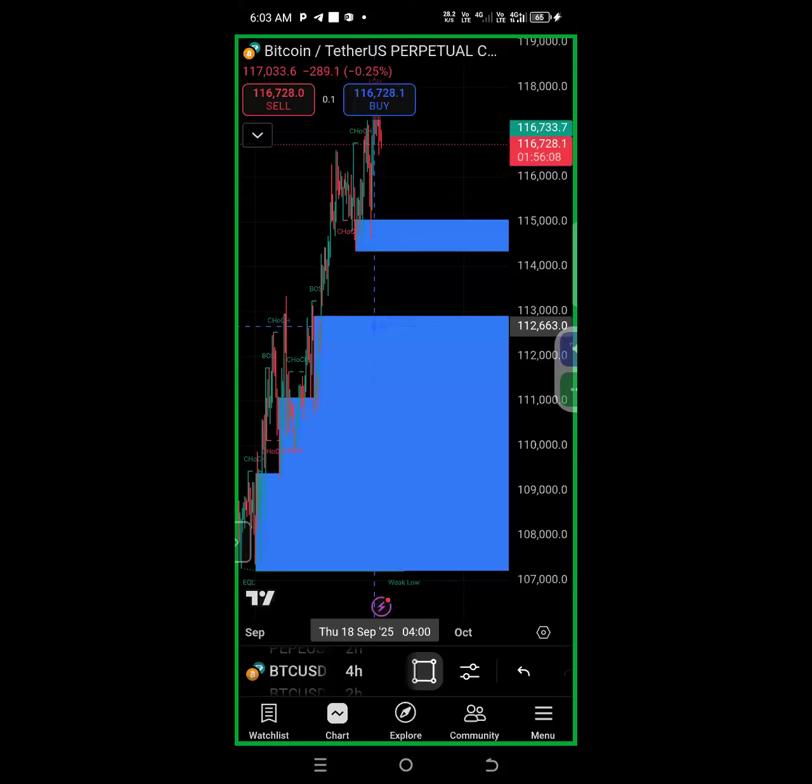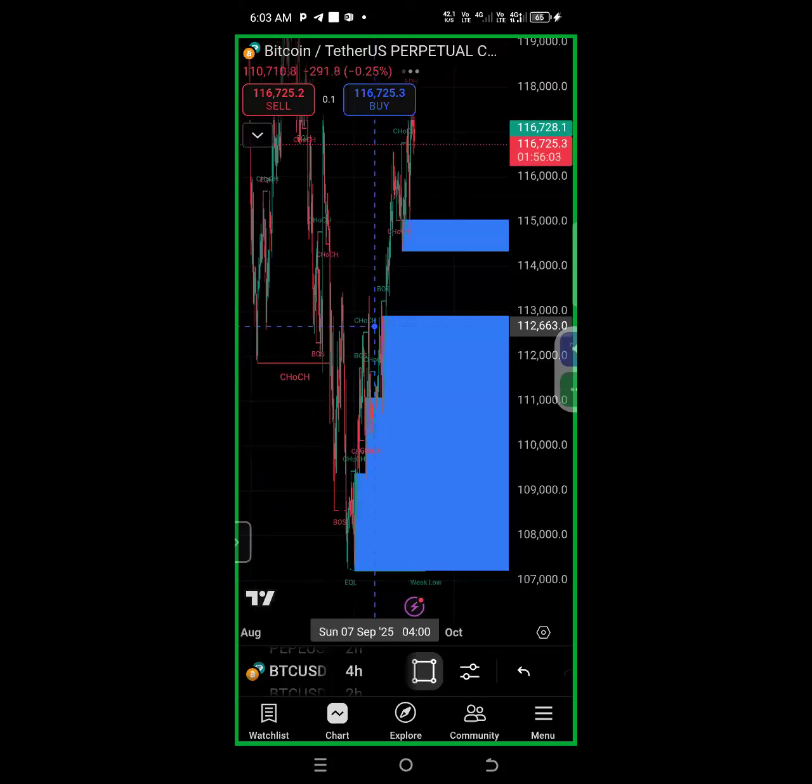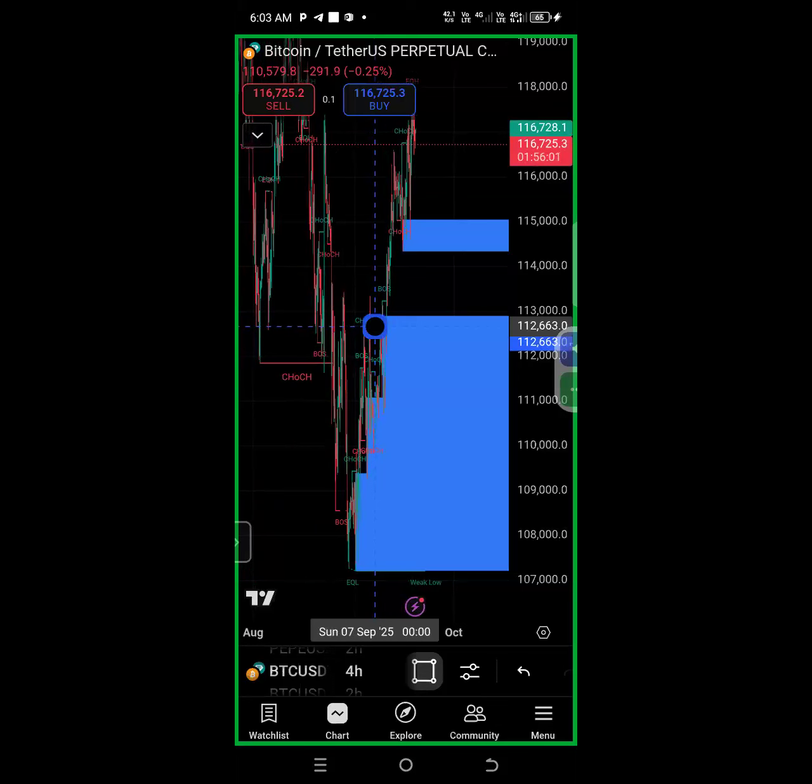Under normal circumstances, if you don't have all these things here, you have to study the chart. You have to take your time to study this chart to know where you can position your break of structure, change of character, and whatever else you have to add to the market. But over here, you look at the chart and everything has been provided already.